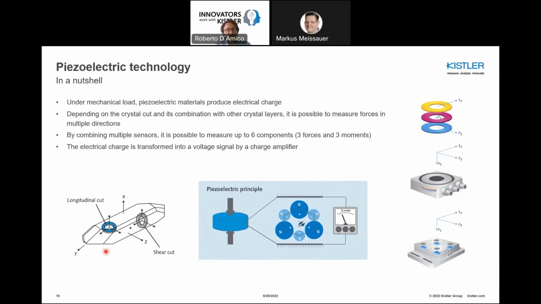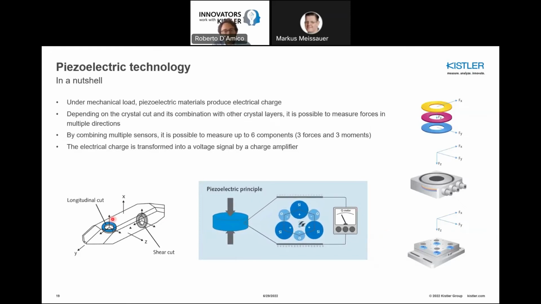Whenever a piezoelectric material is put under a mechanical load, the material produces an electrical charge. The electrical charge is then taken out of the sensor and transformed into a voltage signal with a charge amplifier. This is very often happening outside of the sensor, but in some cases it could also happen inside the sensor.